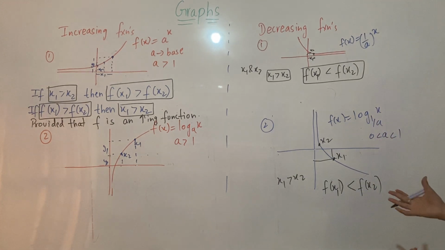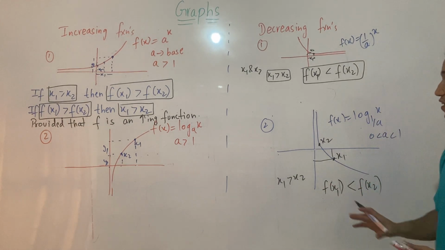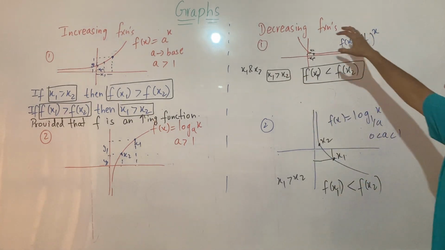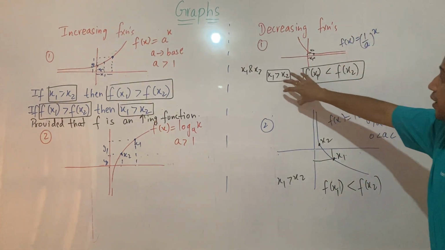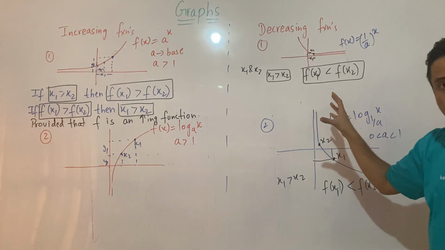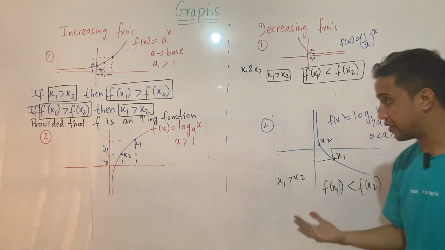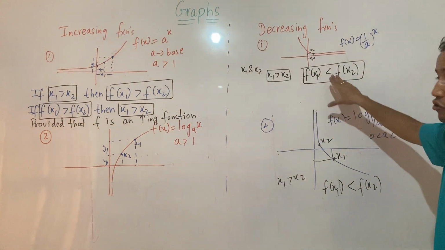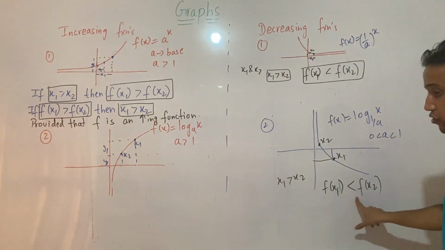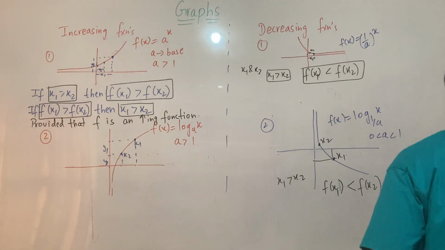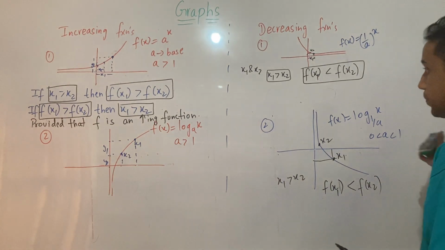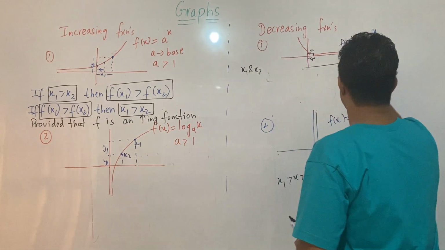Now if you look carefully, then you can conclude that in decreasing functions the sign of inequality just gets reversed. Here it got reversed, and here it got reversed too. So we can conclude one thing from here.